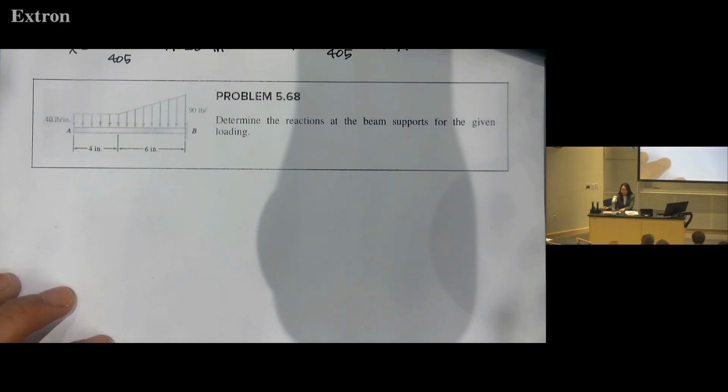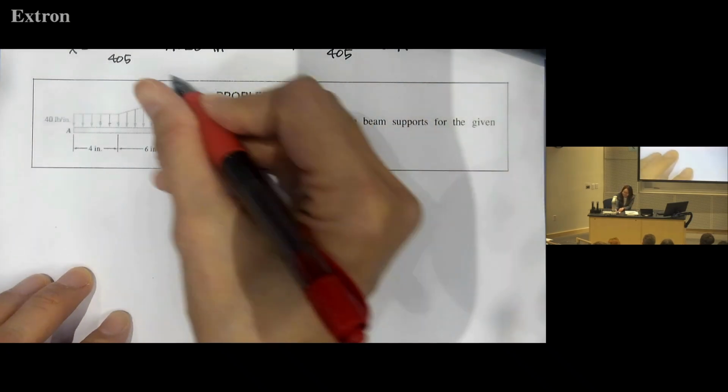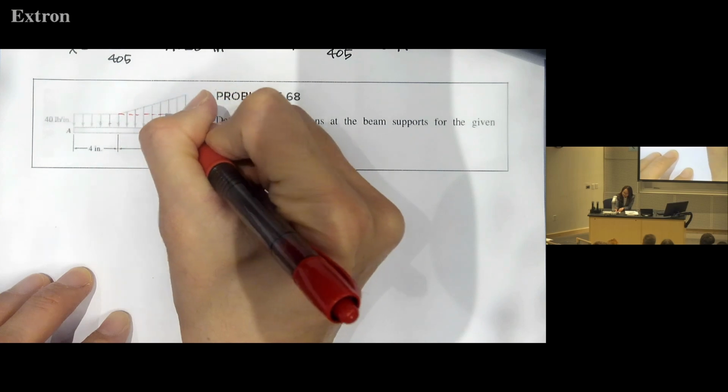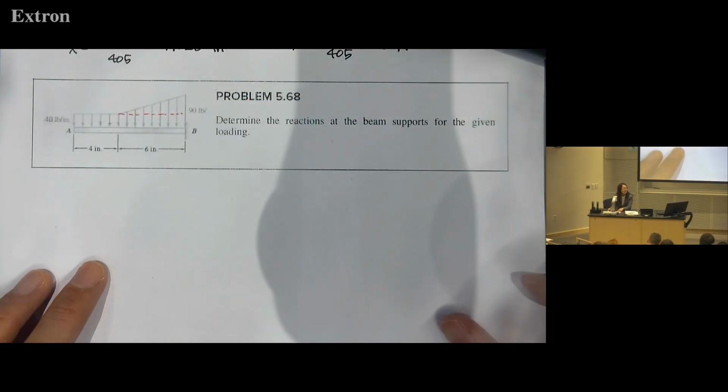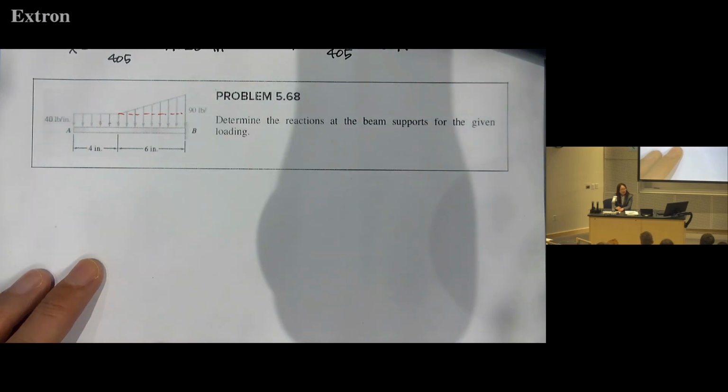So first things first, let's analyze this discrete load. It's a composite shape, so we need to divide it into simpler shapes. How can we divide? Triangle, rectangle. Yes, triangle, rectangle, right? Something like this. Upper triangle and then lower, longer rectangle.